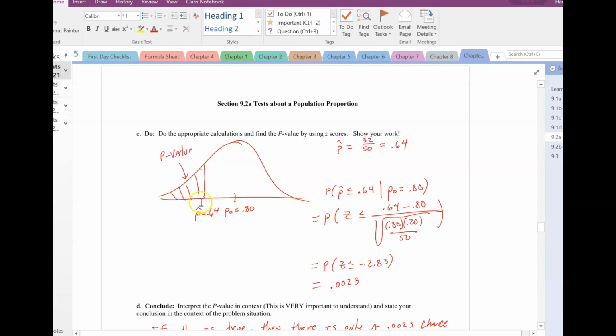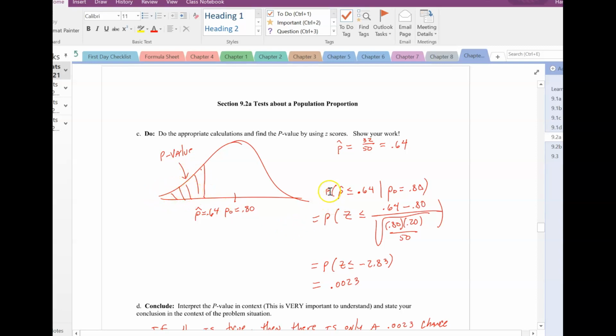Our sample fell over here at 0.64. That was the proportion of success in this sample. The p-value that we're looking for to draw a conclusion here is the probability of getting a sample as extreme or more extreme than the sample that we're looking at. So that means we're looking for this area on the normal sampling distribution. This area right here is the p-value.